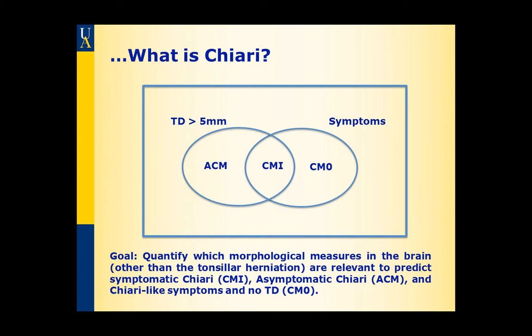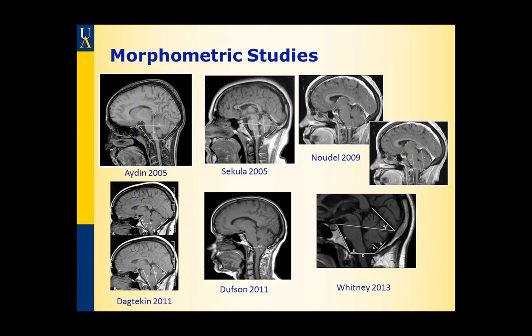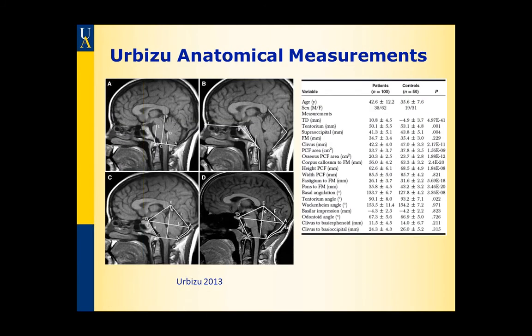There is no separation of all these groups at the same time, not yet. We focus on the Urbizu paper, where they have 19 measurements.